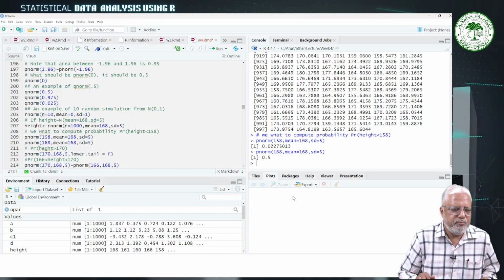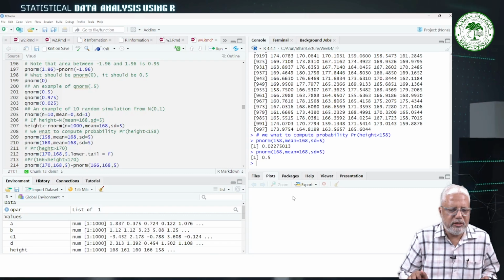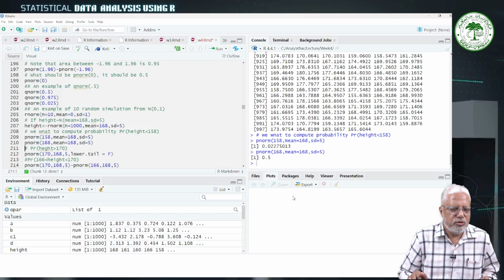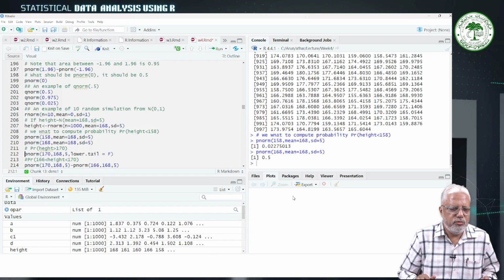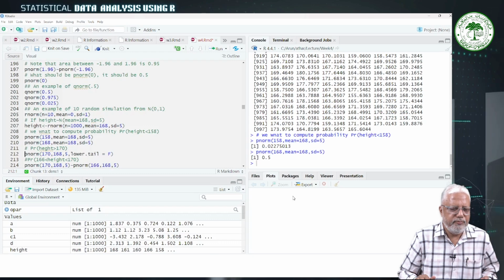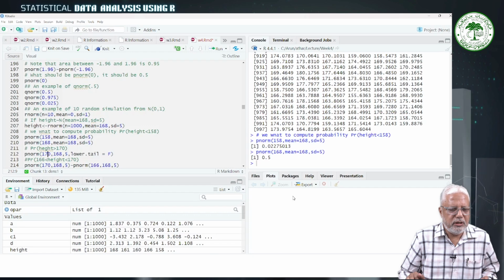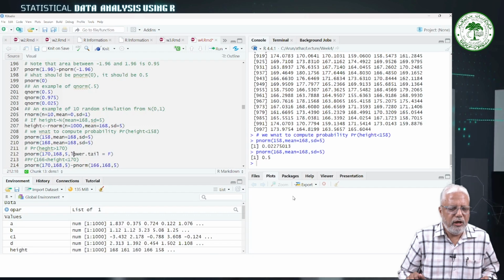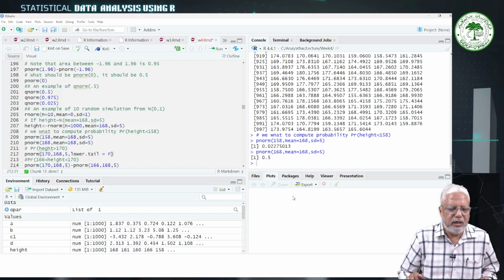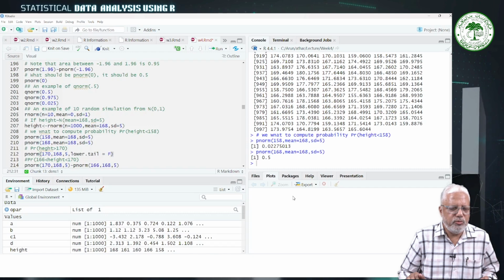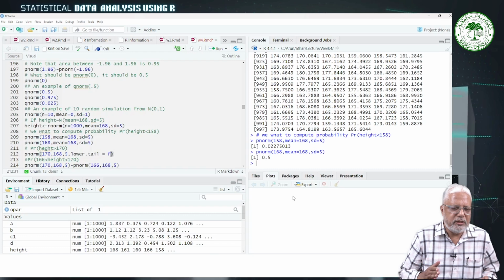Suppose we want to compute the probability of height greater than 170 centimeters. What we have to do is pnorm(170) with mean 168, SD 5, and lower.tail equal to FALSE. By default, lower.tail is TRUE, so it computes the area less than 170.